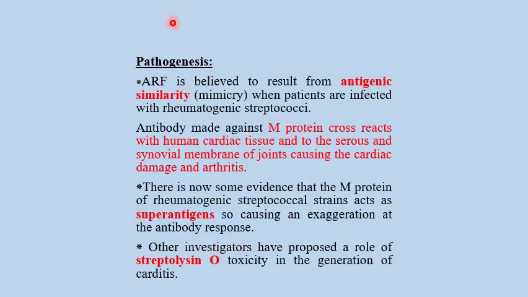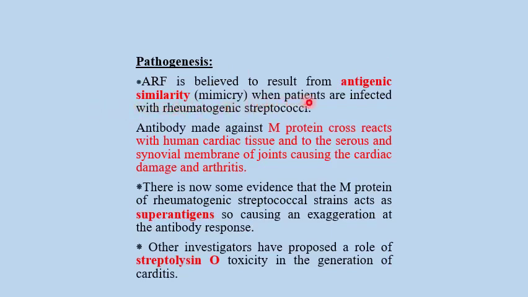When we speak about the pathogenesis, why this acute rheumatic fever occurs, we know acute rheumatic fever is believed to result from antigenic similarity. We can call it mimicry, meaning there is a similarity between two things. Two things have the same antigenicity.